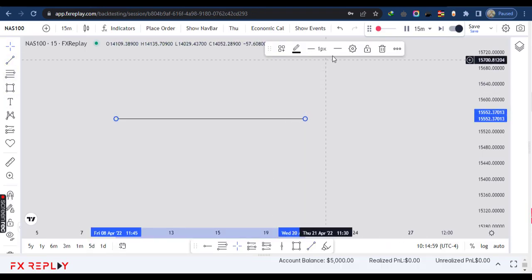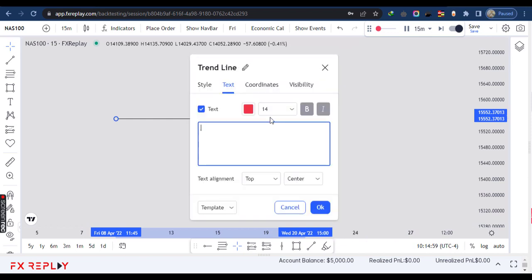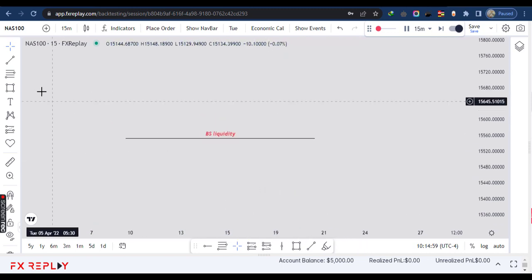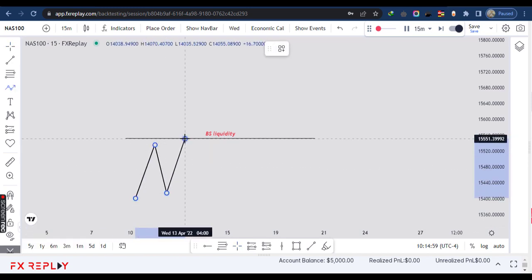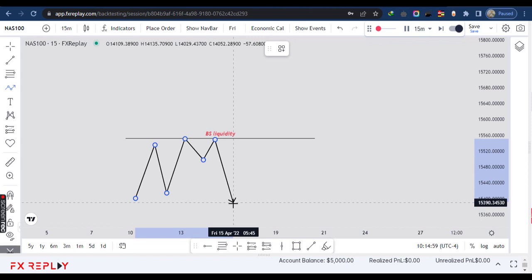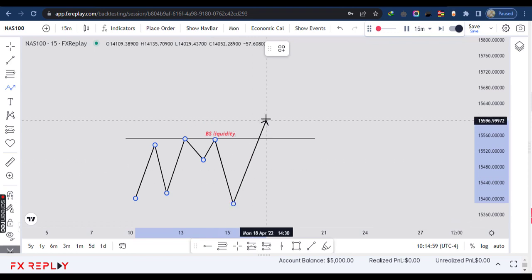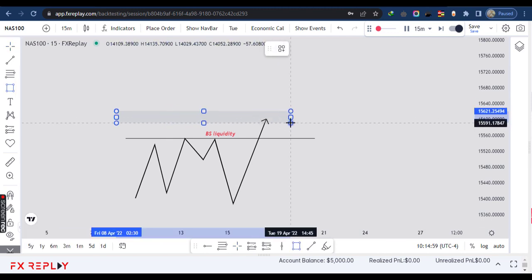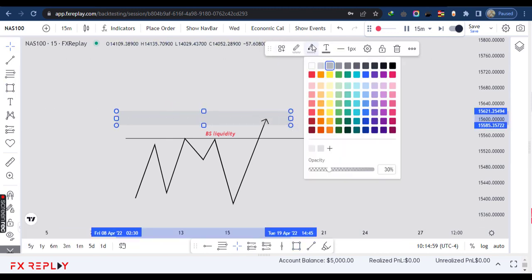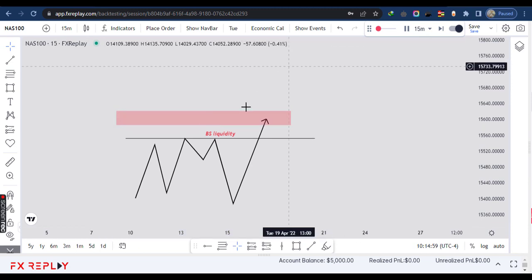When price takes the liquidity pool here, buy side liquidity, above this buy side liquidity there is a higher time frame PD array.